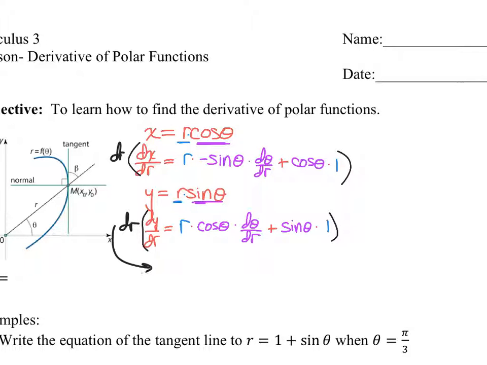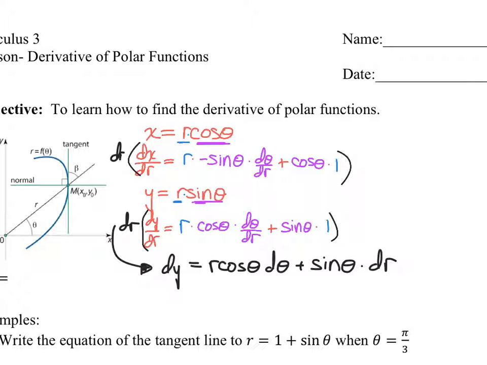So I'm going to put this one right here, and that's going to give me dy equals r cosine theta times d theta, plus sine of theta times dr. All right, so just multiplying every single term by dr.